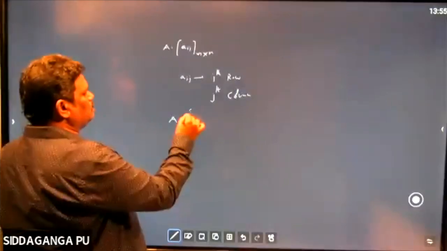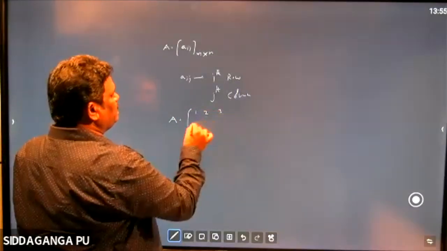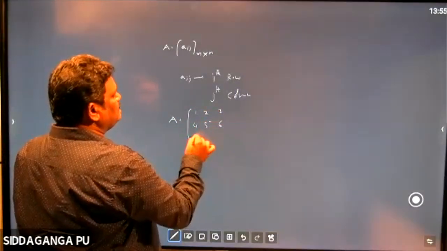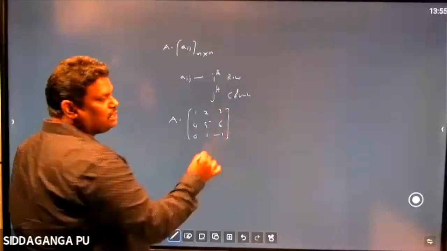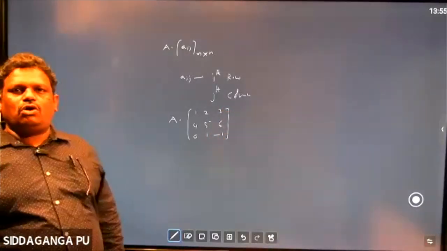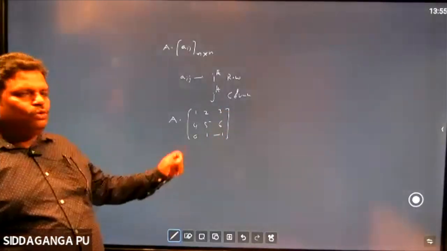For example, choose the matrix A equal to 1 2 3, 4 5 6, 0 1 minus 1. This matrix order is 3 by 3. Why? Here there are 3 rows and 3 columns.